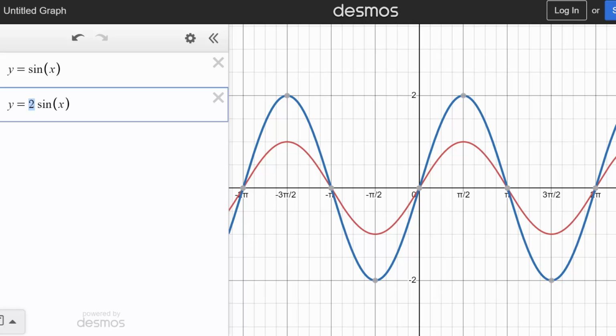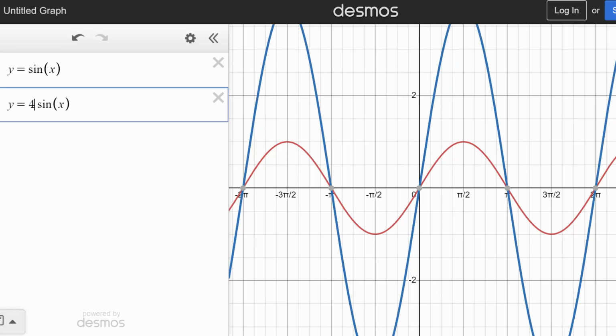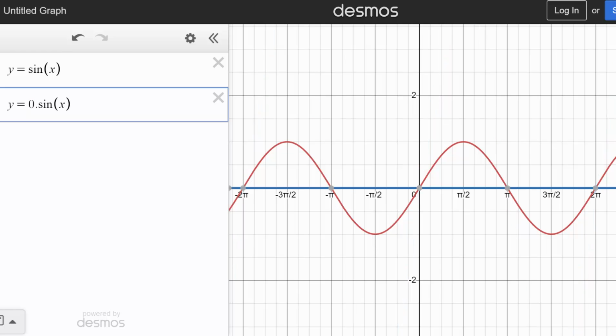And whatever the number is out front, if we change that number to be higher and higher, it essentially just stretches that amplitude to a higher and higher number. Or in other words, whatever this number is, whatever we're multiplying the sine or the cosine function by, this will be our amplitude. And we can look at decimal values as well.